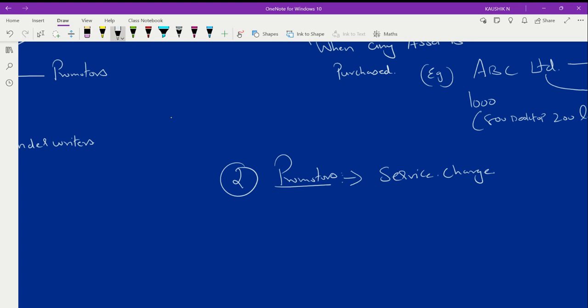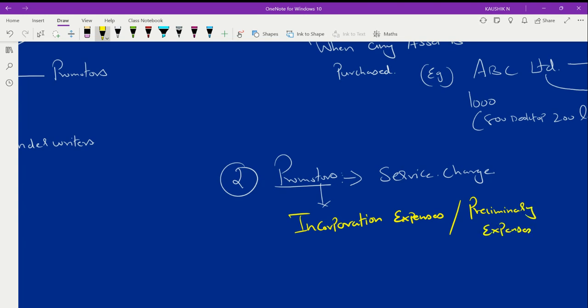But what comes in this picture, the technical term that will be used, number one, is incorporation expenses, or otherwise called preliminary expenses.